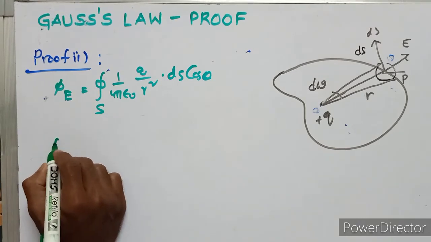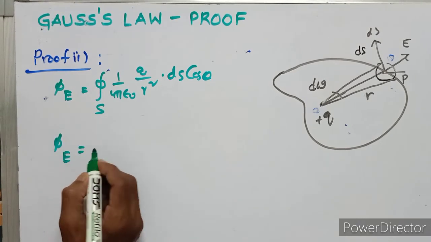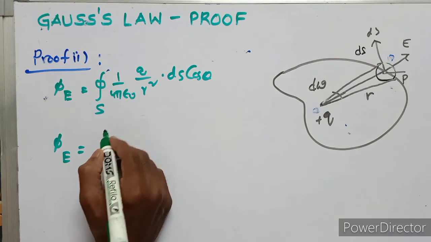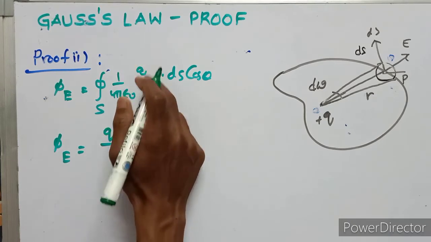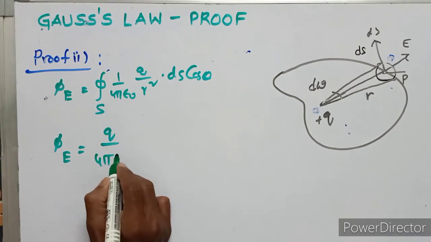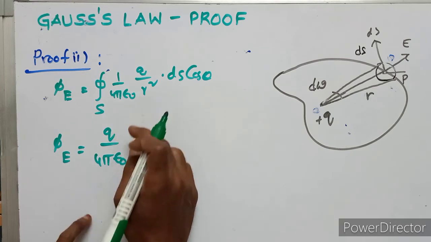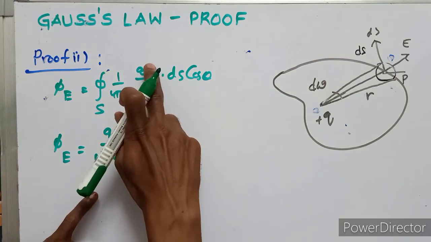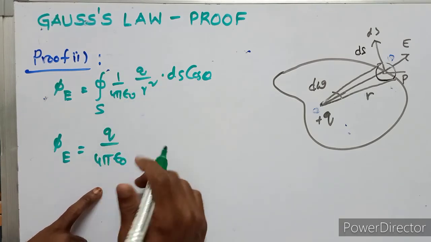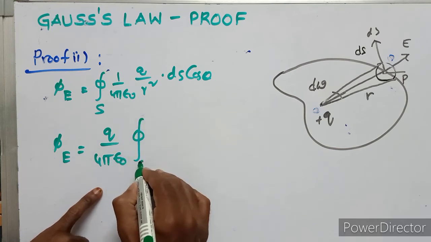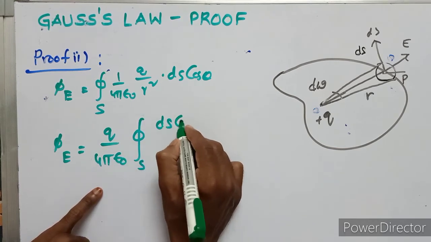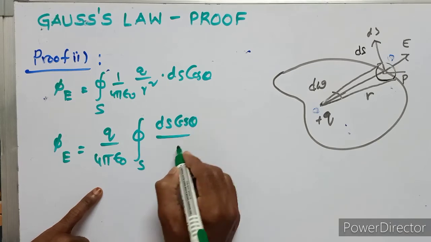This can be written as phi suffix e equals q upon 4 pi epsilon naught, where q and 1 upon 4 pi epsilon naught are constants, times the closed surface integral of ds cos theta upon r square.